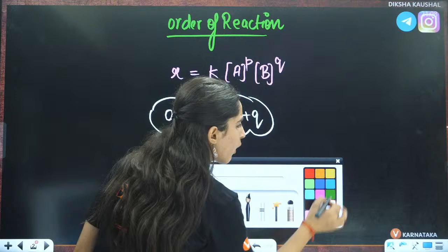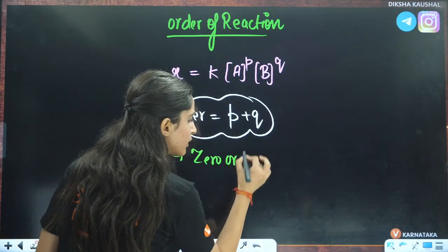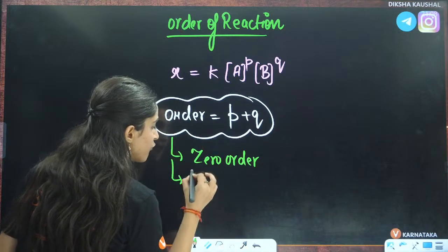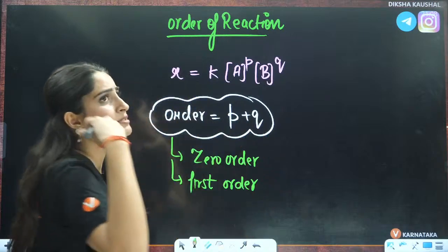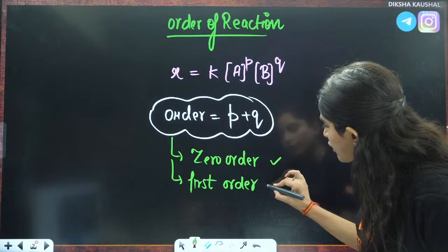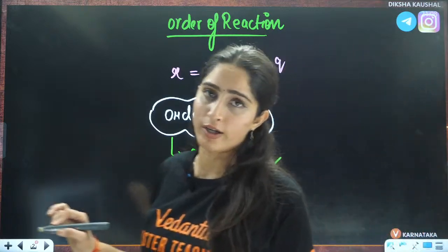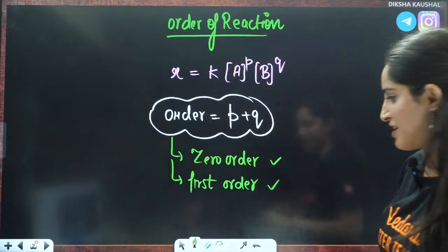Now, this order can be zero order reaction, it can be first order reaction, it can be second order reaction, it can be third order reaction. But in your syllabus, we will talk about zero order and first order reaction. Okay, guys? Yes. Very good.